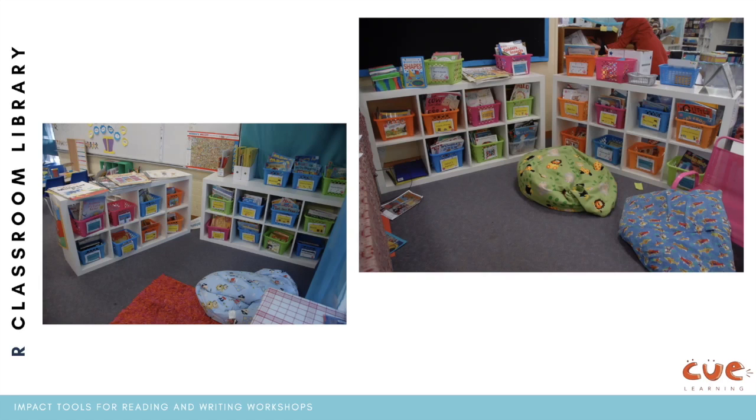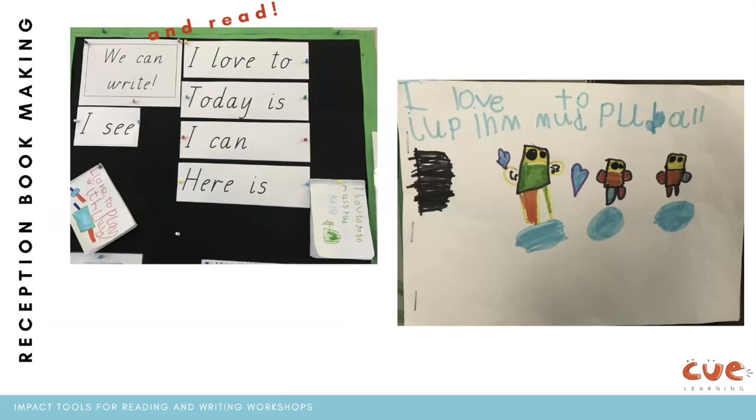All right, next slide is in another first year of school class, but I want to show how they've used some of their learning of their high frequency words and put those into some sentence stems to do some book publishing.